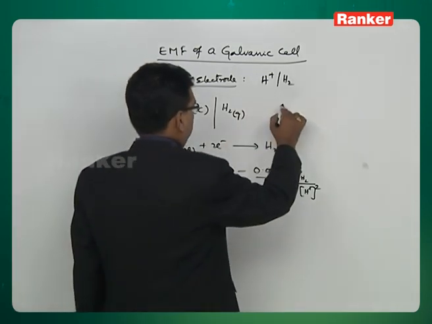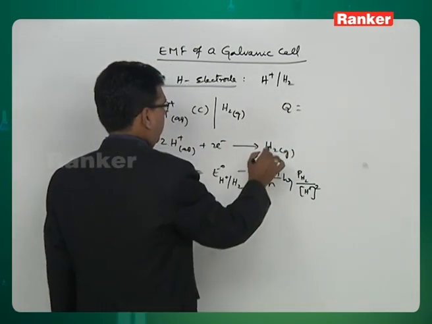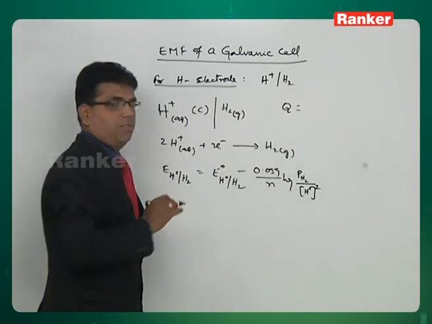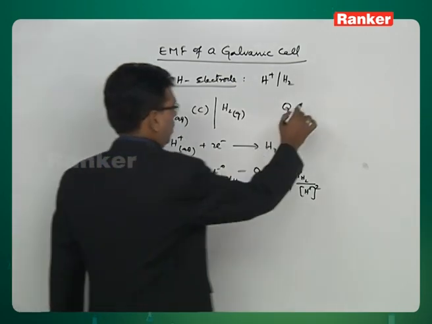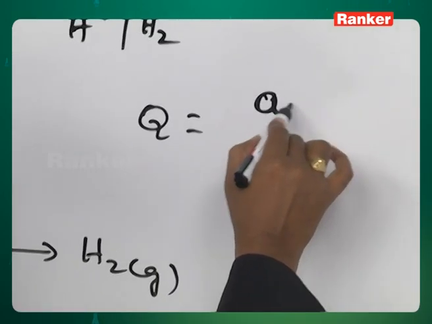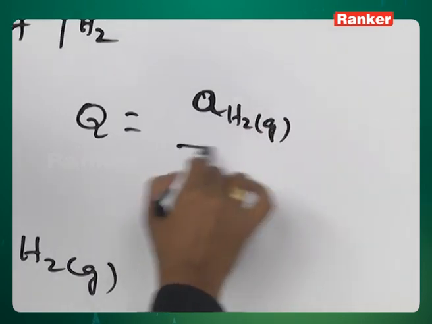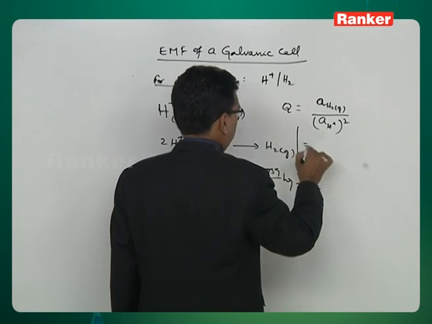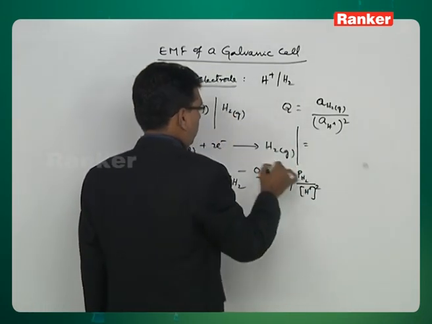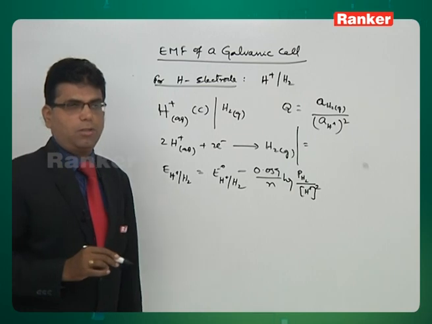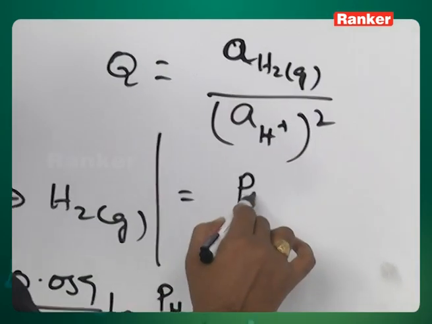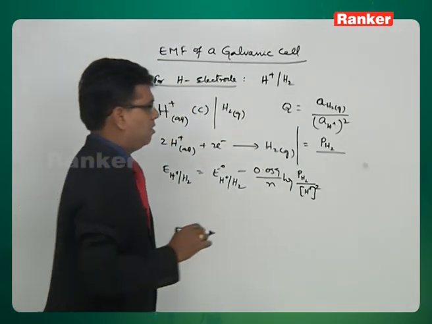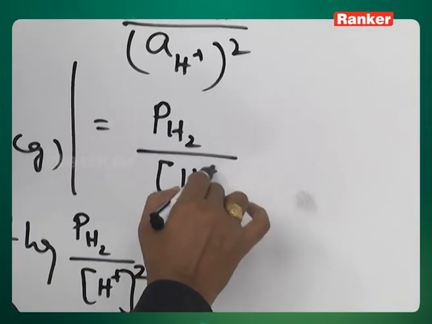Here Q for this reaction is equal to the active mass of hydrogen gas by the active mass of hydrogen ion concentration square, which we write as, for hydrogen gas, the active mass more accurately expressed as pressure of hydrogen, and for aqueous H+ ion the active mass is the molar concentration. So, we write it like this.